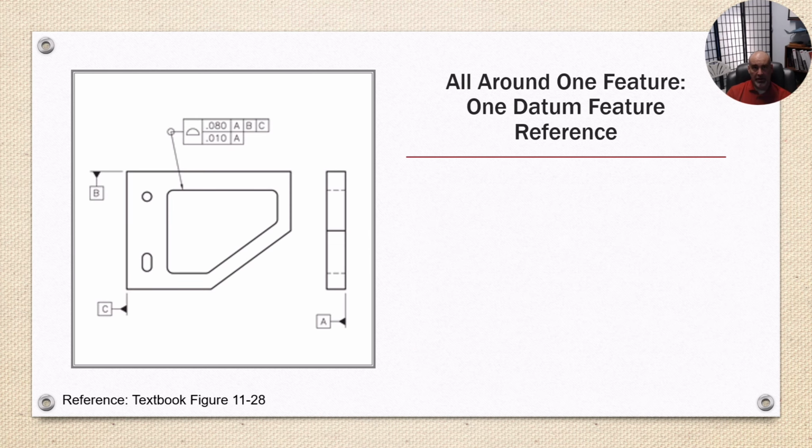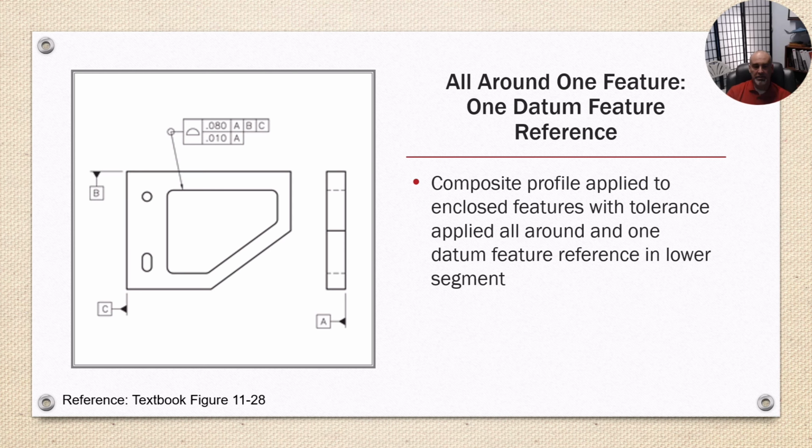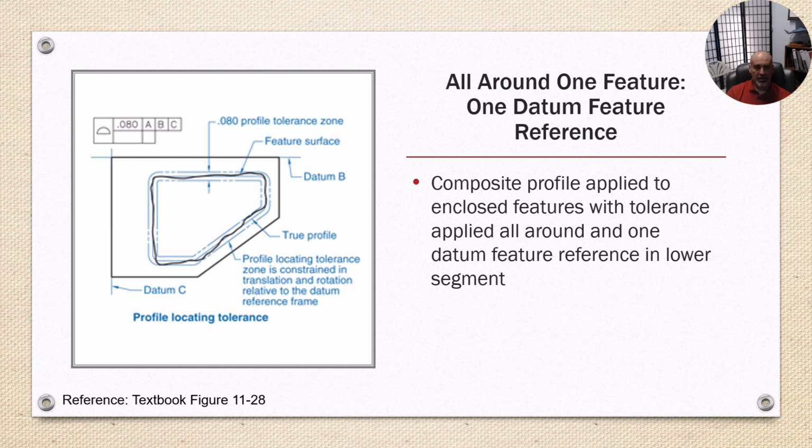Okay, all around feature with one datum reference. So composite profile applies to enclosed features with tolerances applied all around and one datum feature reference in the lower segment. Okay, so here's an example of a composite profile.